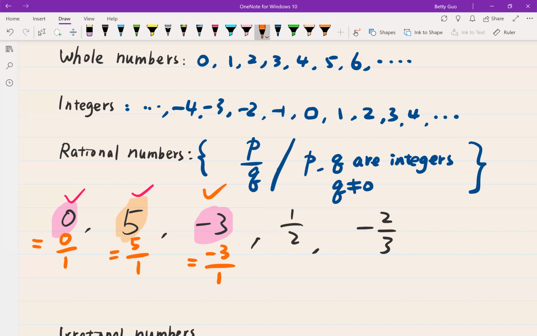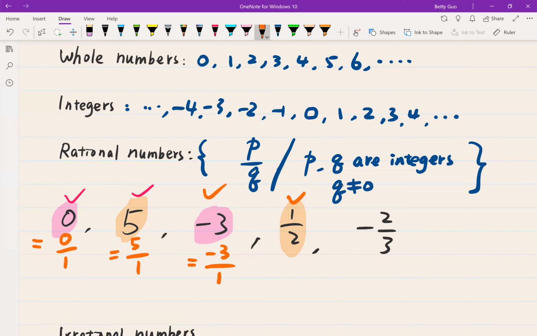We could write negative 3 as negative 3 over 1, right? So negative 3 is a rational number. Next one, half. Half is a fraction. Yeah, it's a quotient of two integers. Top 1, bottom 2. So it is a rational number for sure.